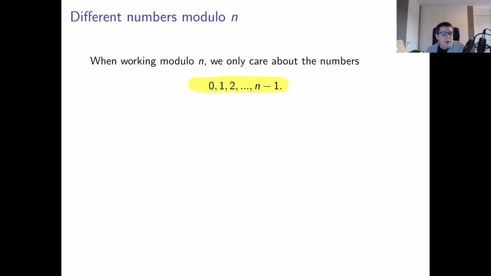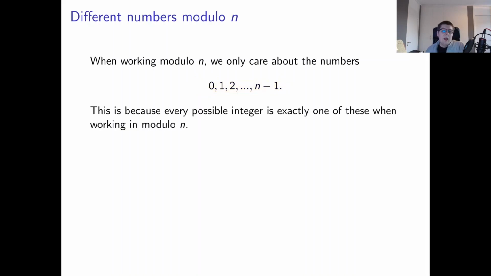If we have any number, any integer really, then the remainder when dividing that number by n is one of these options. You cannot have any other remainder. And this is something that comes up every time. No matter what integer you have, it is congruent to exactly one of these numbers up here. And that is something that comes up all the time, all over mathematics.